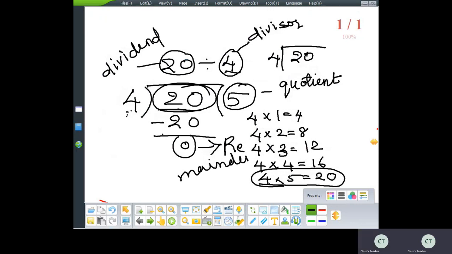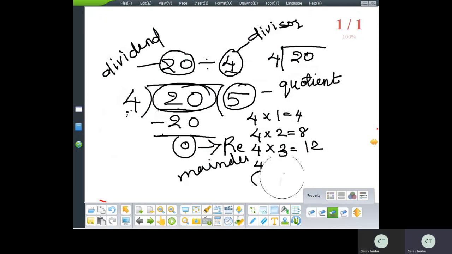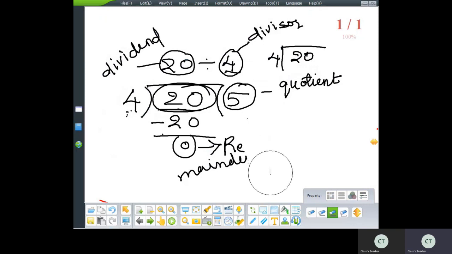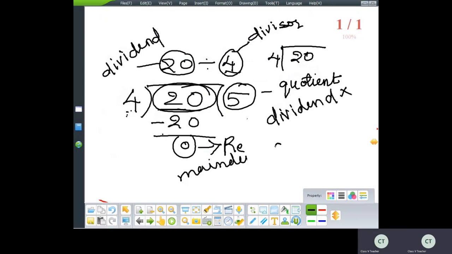So what is the formula here? Dividend into divisor.